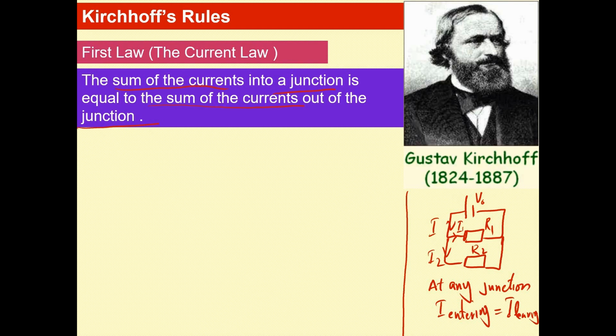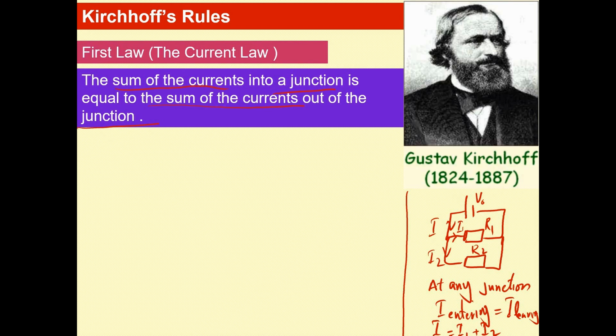So what it means, you can see I entering at this junction. If we look at this junction, I entering is equal to I leaving, which is I1 and I2. So this is Kirchhoff's law, meaning I entering is equal to I leaving.